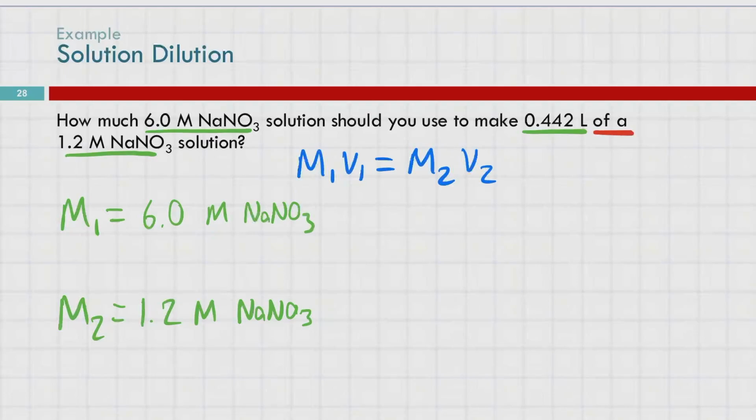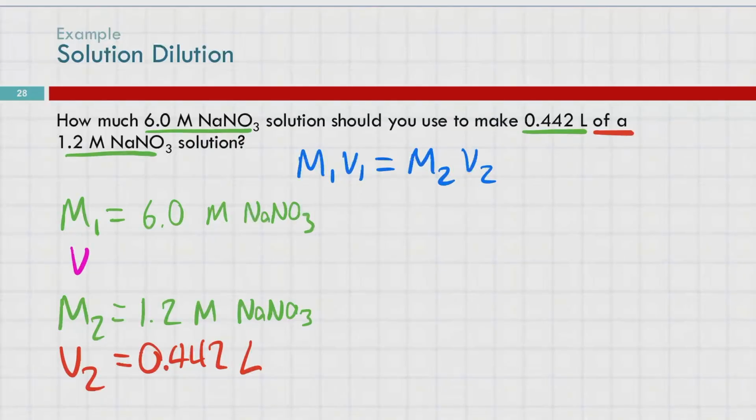In this case, I called 1.2 molar M2, so that means V2 is 0.442 liters. If you get them switched, that's the one way you're likely to make a mistake here. Or if you screw up the algebra.